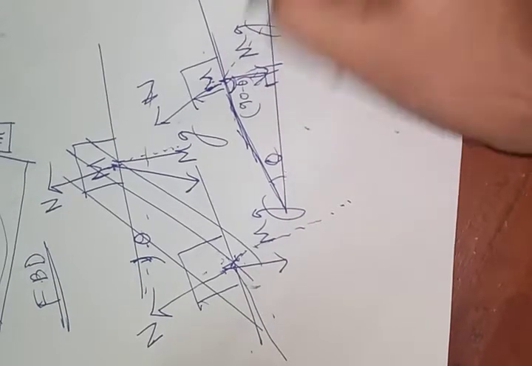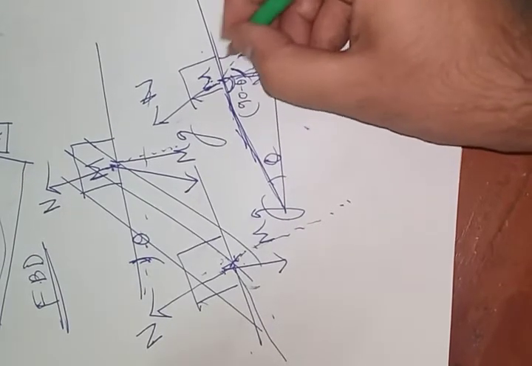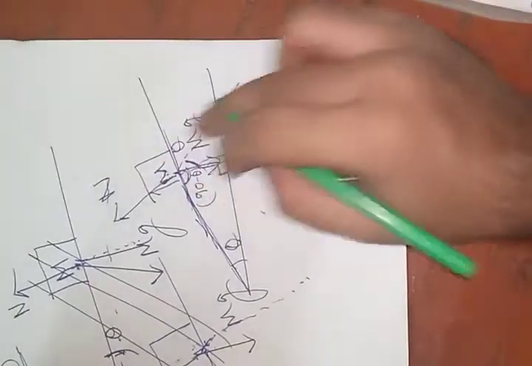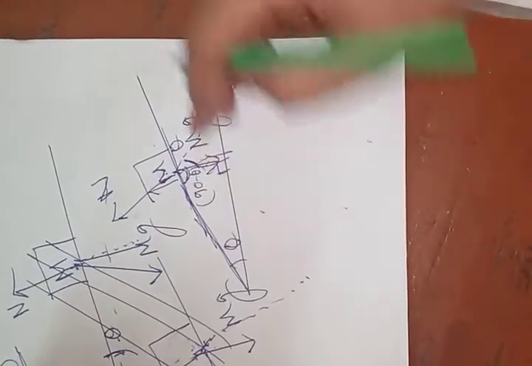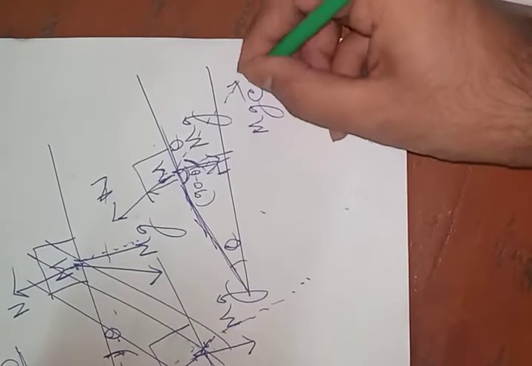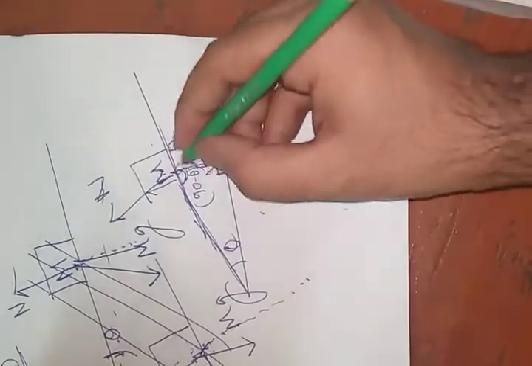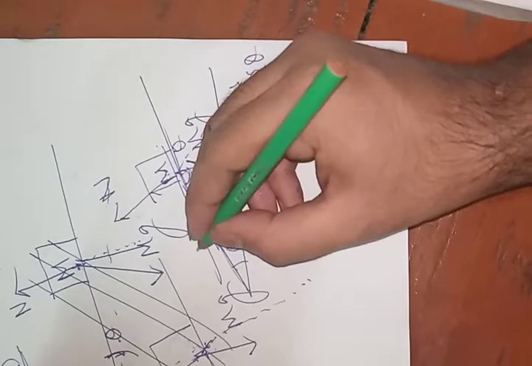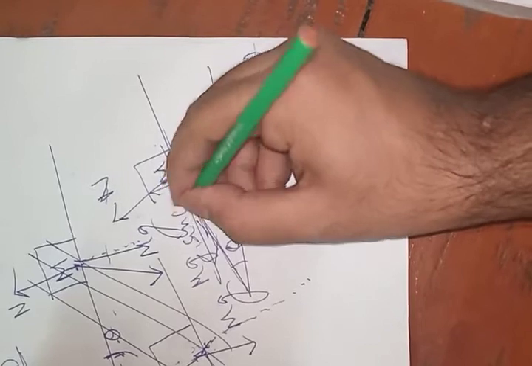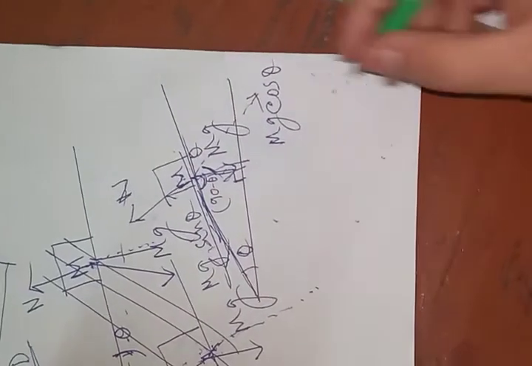So the component of mg here is mg cos theta, and along the incline it is mg sin theta, right?